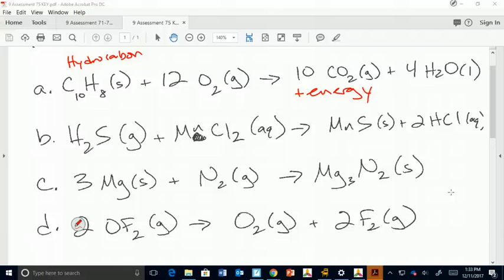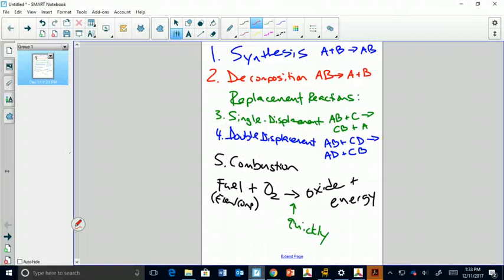So how do you know if it's single or double? Because I hear you all saying replacement. Single replacement has an element all by itself. That's the key for single replacement. It's got some element just all alone that swaps places.